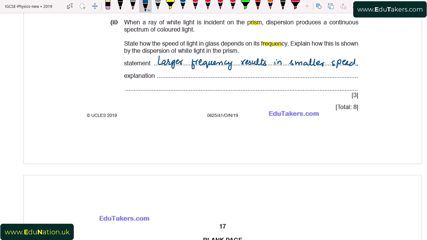I write here, violet light has more frequency, hence more refraction, while red light has least.